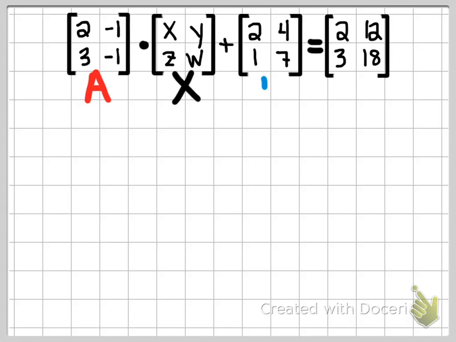So let's make our life a little bit easier, and let's call these known matrices with quantities and values in them, let's label them A, B, and C. And I left my unknown matrix that's made up of our unknown quantities, and I'm going to leave it called matrix X.